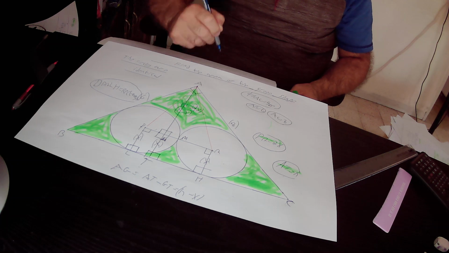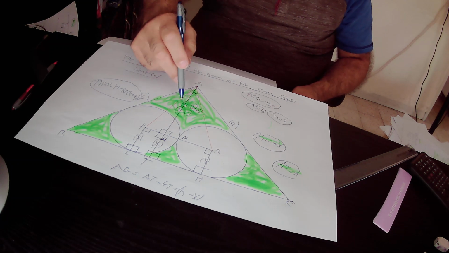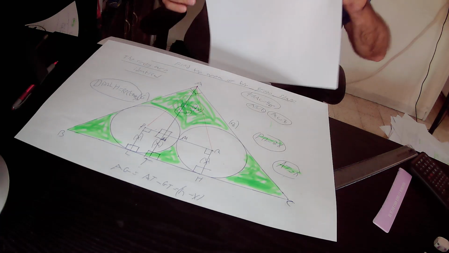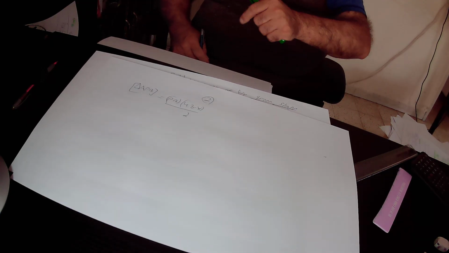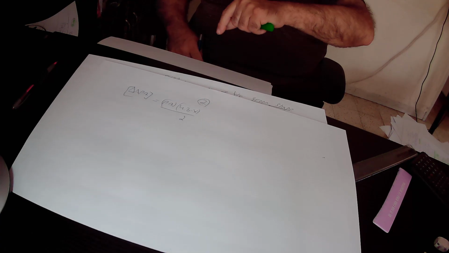Again, the area of the small triangle equals the base PQ times the height to the base PQ, that is 4.8 minus x, divided by 2.